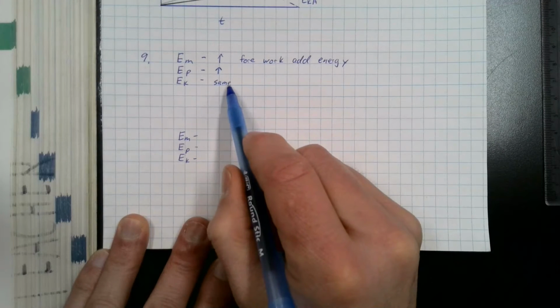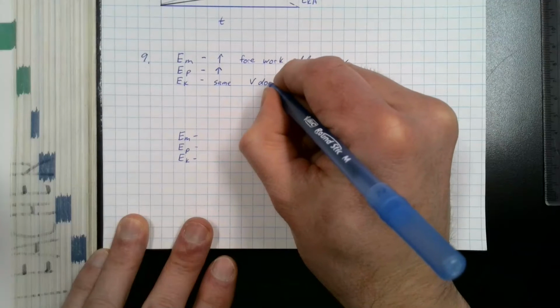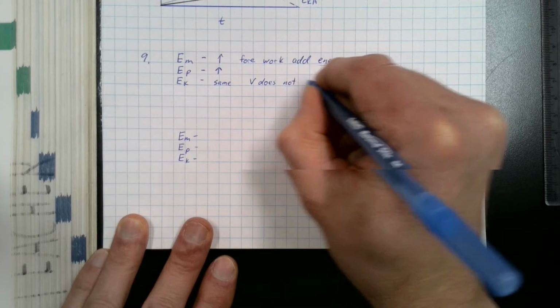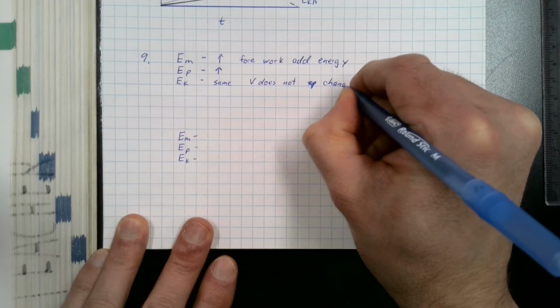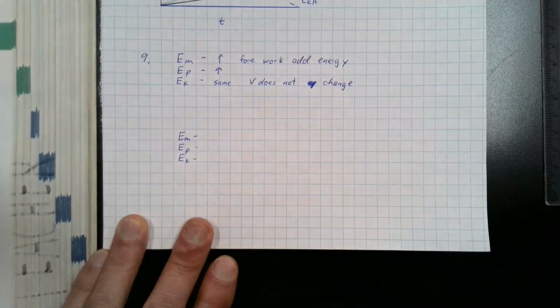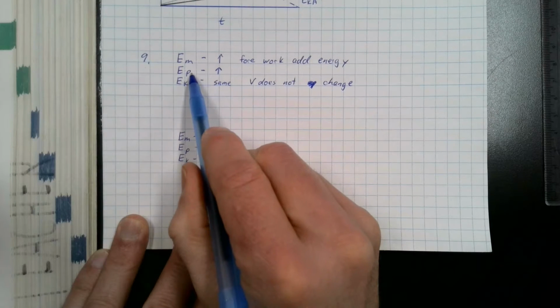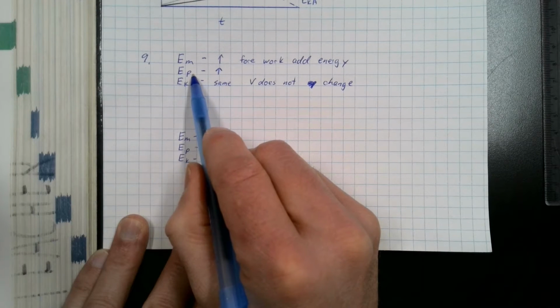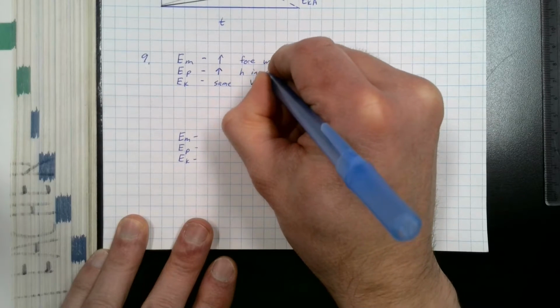Now our kinetic energy is staying the same, which means V does not change. So it's going the same speed. It's going the same speed the entire time. It's not speeding up and it's not slowing down, but our gravitational potential energy is changing, so our height has to be increasing.